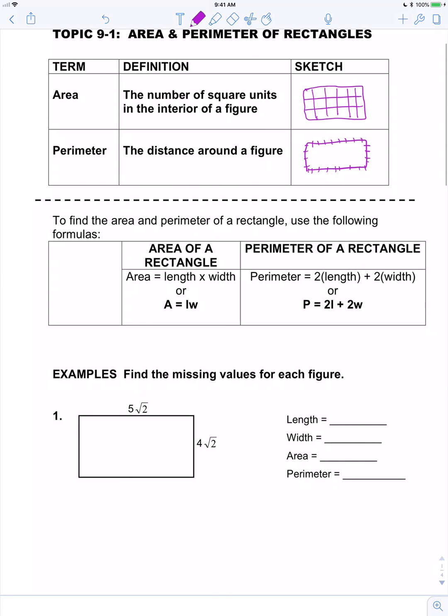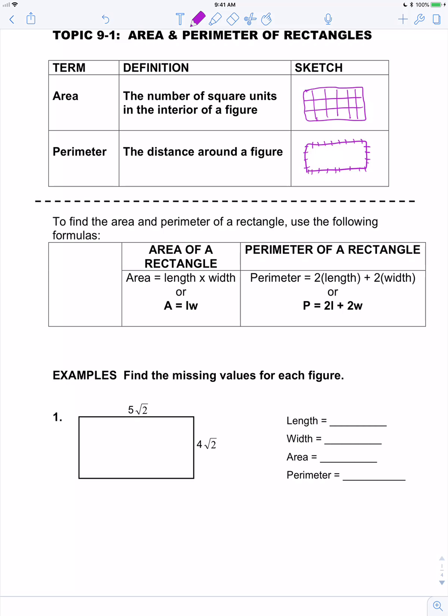All right, so we're going to see if we can find some of the missing values for these figures. So the length. If this is telling me this side length is 5 square roots of 2, then I also know that this one is 5 square roots of 2, because those are the properties of your rectangle.